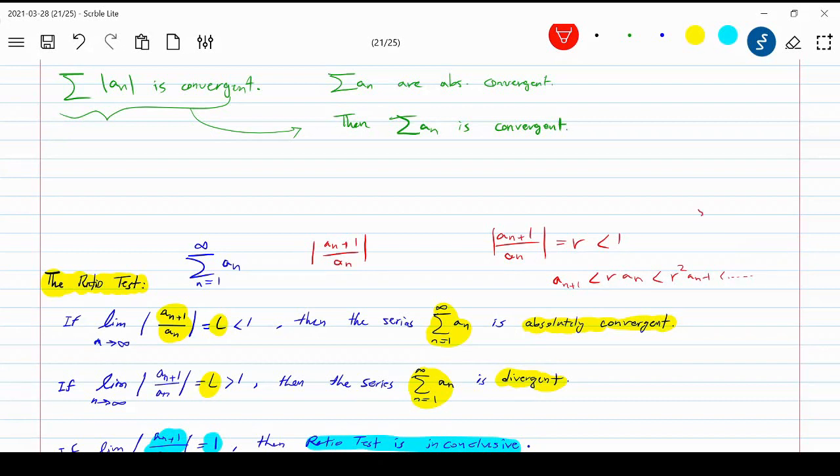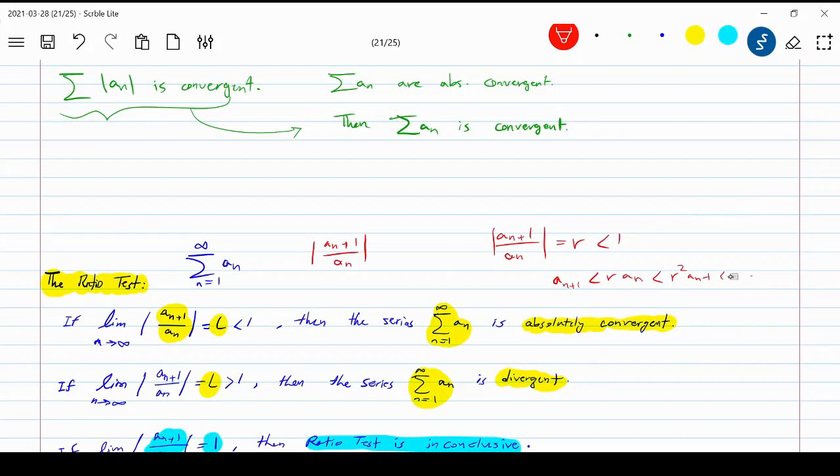So basically what I can say is an is always less than r to the power n, or some scalar of it. And if you remember from the geometric series, if r is less than 1, we have a convergent series. If r is greater than 1, then we're dealing with a divergent series. That's basically the idea of this ratio test.